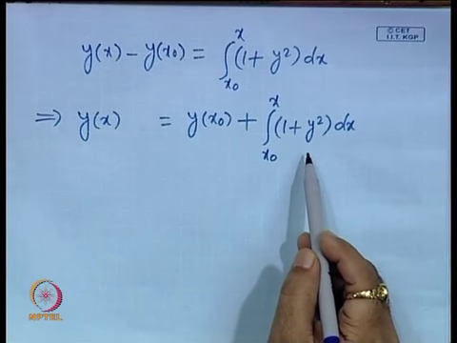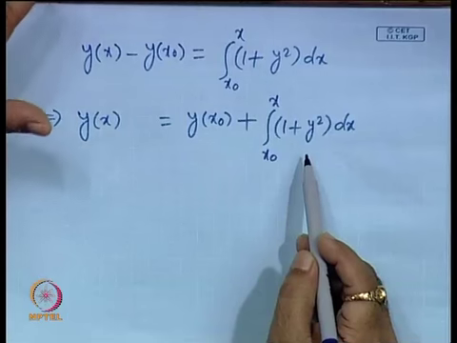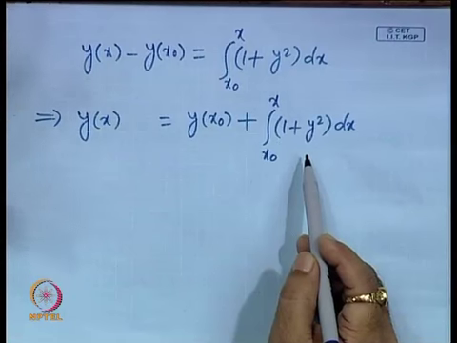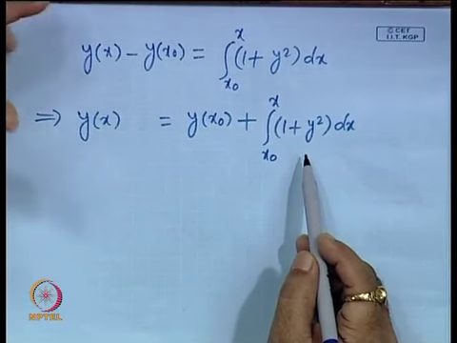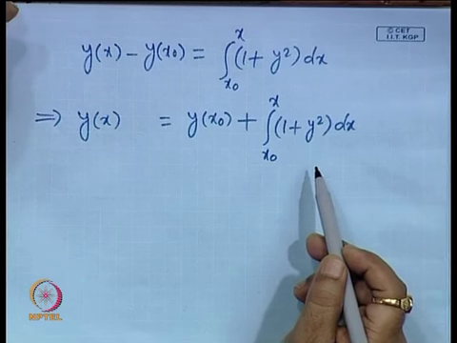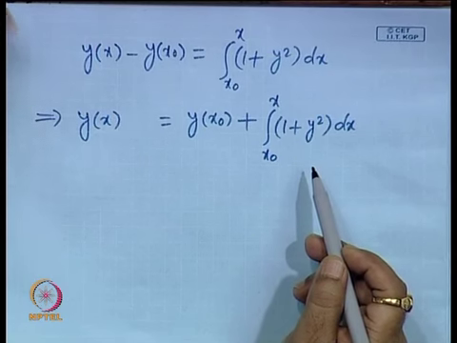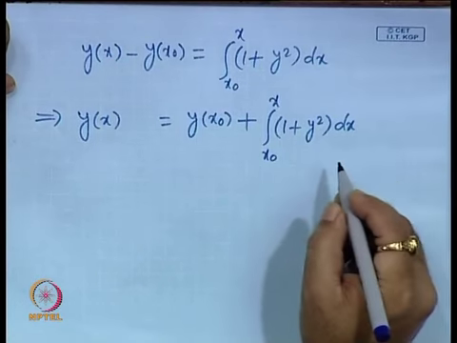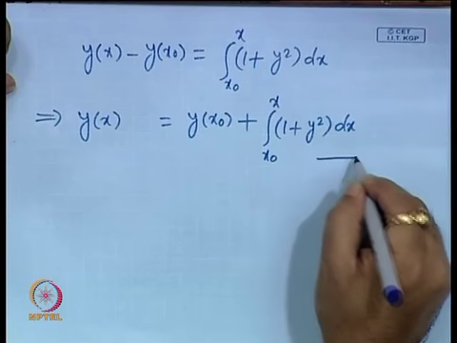This is where I defined this method as semi numerical, because now we cannot proceed further analytically. Therefore, we would like to bring in the numerical concept, in the sense a kind of iterative process.